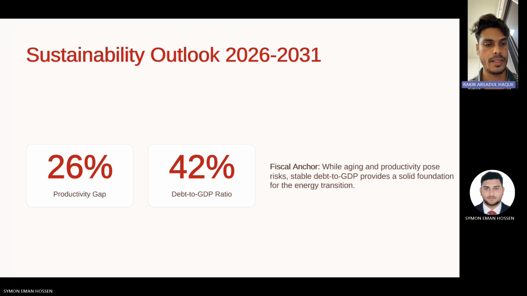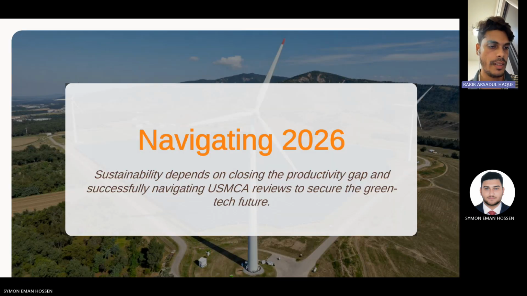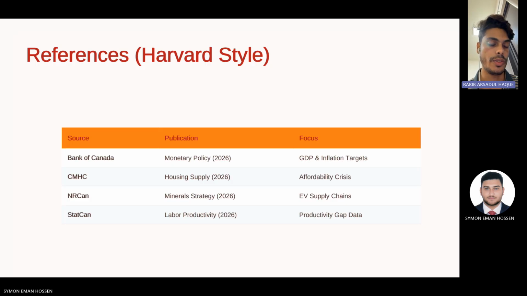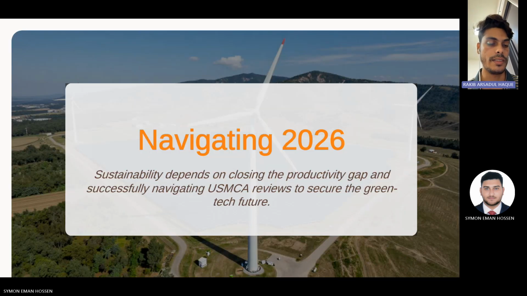Slide 8. Conclusion. Resilience and structural challenges. In summary, the Canadian economy in 2026 is defined by resilience and rigidity.